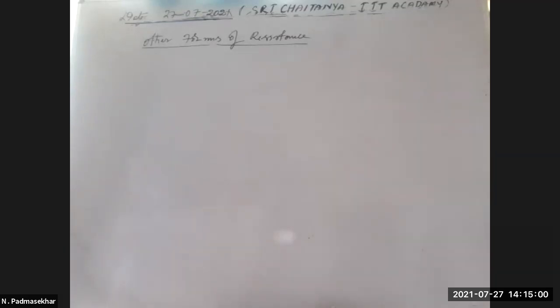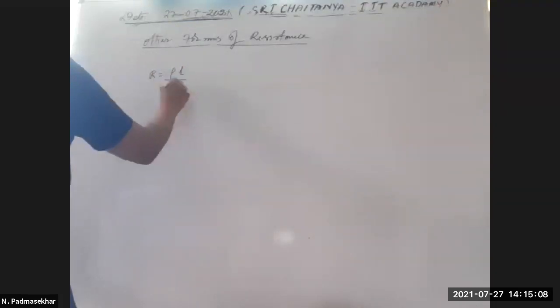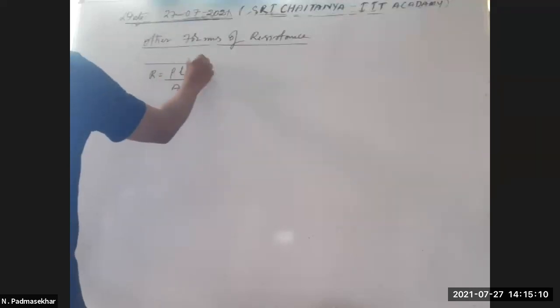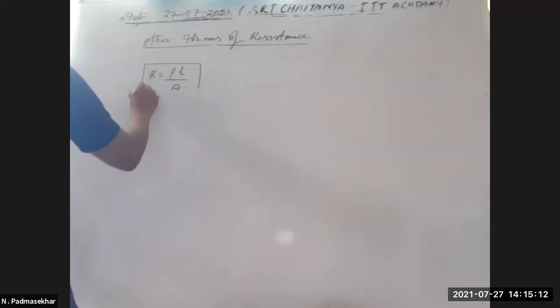So what are the other forms of resistance? ఇప్పుడు చూడండి రా. You know, R is equal to rho L by A. ఇలా తీసుకున్నాం. So R is equal to rho L by A.